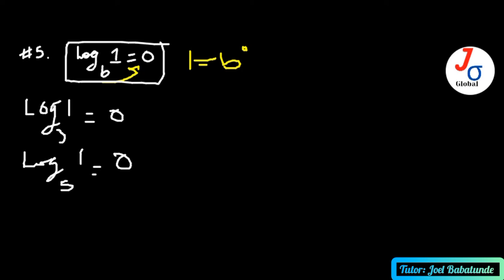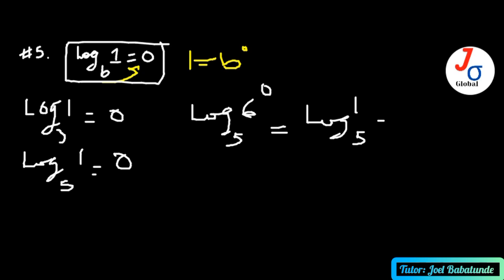So what about if you have log 6 raised to the power 0, base 5? What should you have? This is basically simple as well. So I could basically just say that 6 raised to the power of 0 is 1. So log 1 base 5, and that's basically equal to 0.